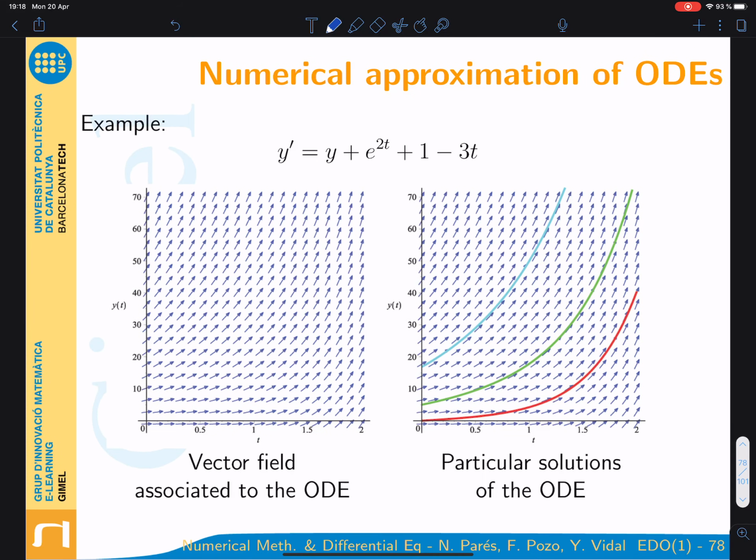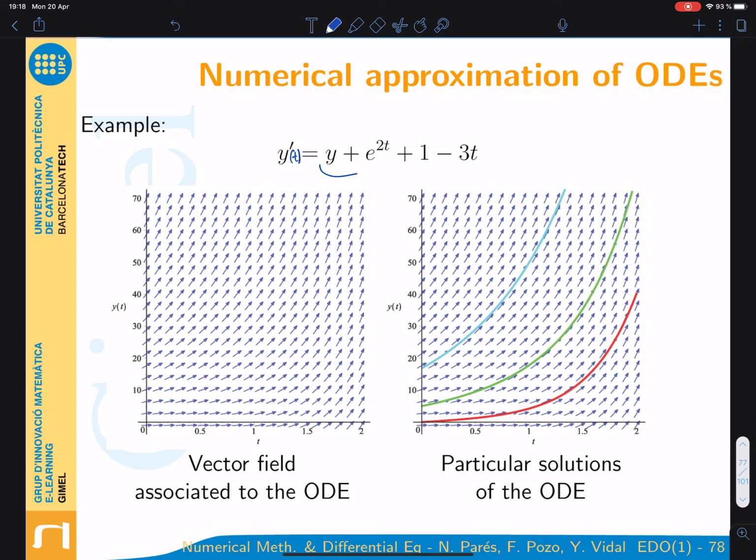I think this is easier with this example. Here I have an ODE, y prime of t equals, and this is my right-hand side, which is this function of t and y. I can pick any number I want here. For example, t equals 0, y equals 10. I could select this point here.